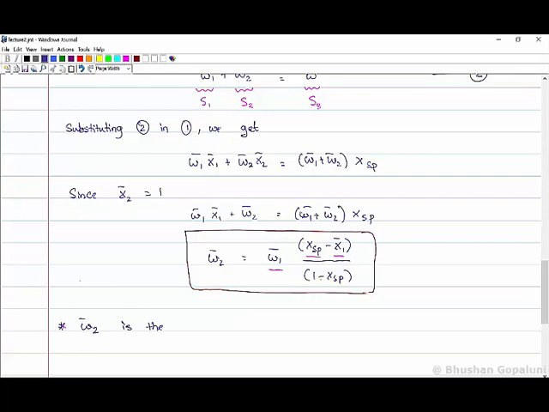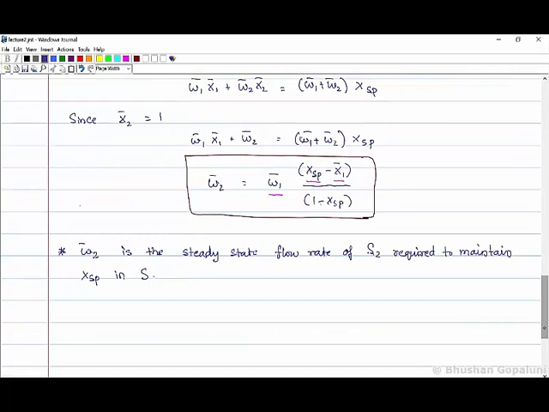Now, given all these values, we can determine the flow rate W2 of pure A that is required in order to maintain the concentration in the exit stream at XSP. So W2 bar, which we have derived here, is the steady state flow rate of S2 required to maintain XSP, or the concentration of X at XSP in S.